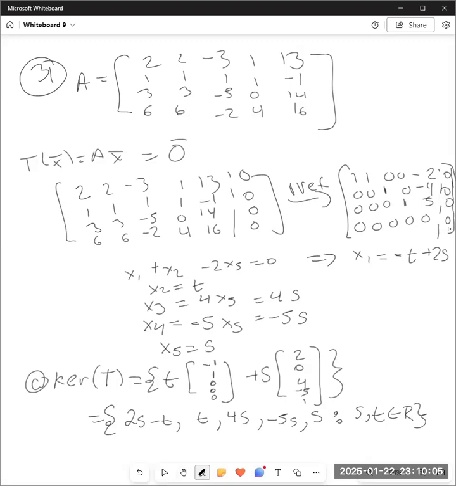And that makes this A. B is what my nullity is: 2, because I have s and t.